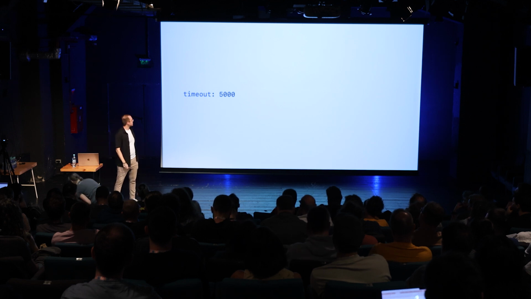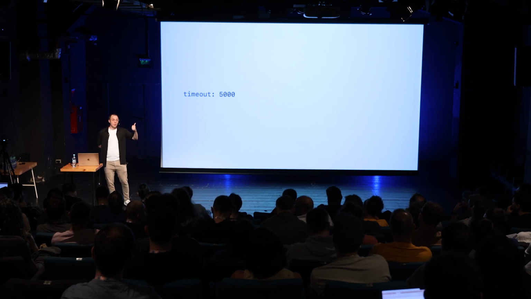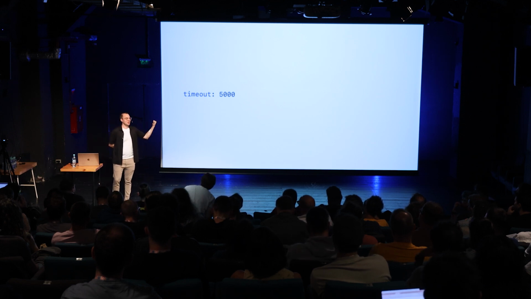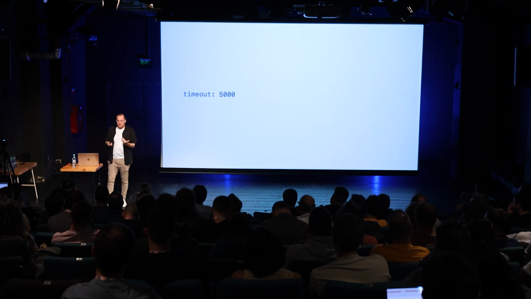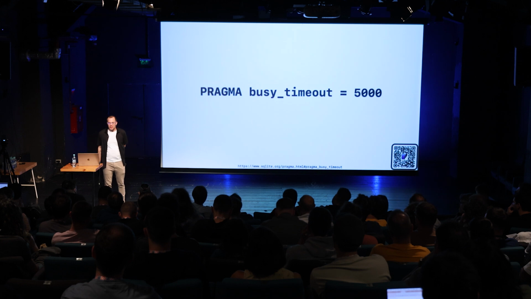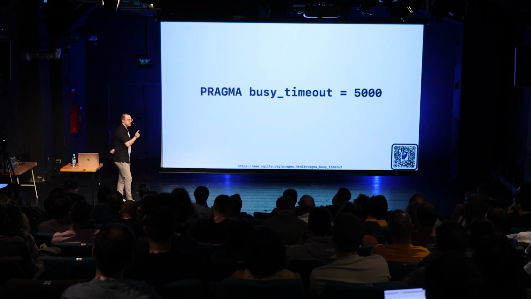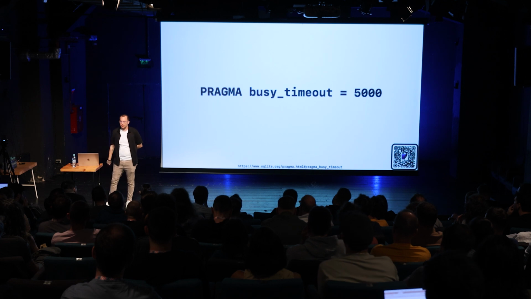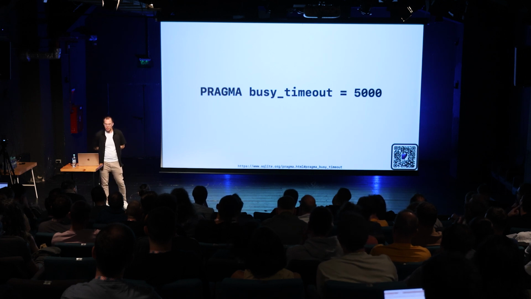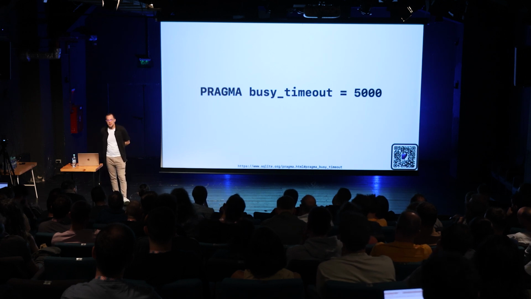So, oops, context lost. Imagine you're looking at a database YAML file and you see timeout 5,000. The issue here is that this particular configuration variable is going to be passed into SQLite to set this SQLite configuration option. SQLite uses configuration through pragma statements.